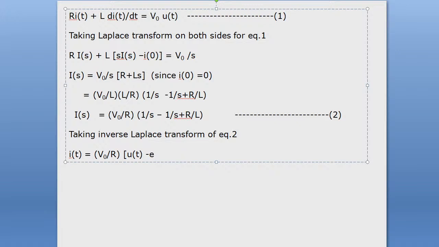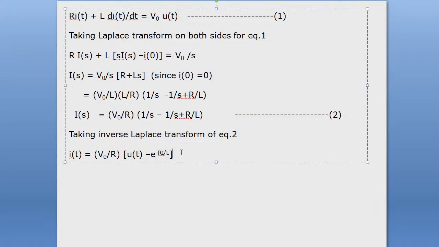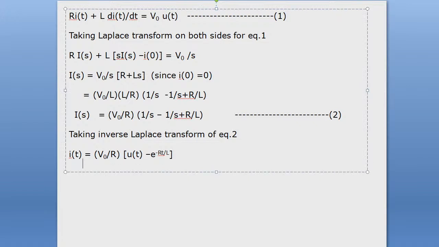Therefore you can write e to the power minus a t, and for this case a is R by L, into t. You just remember the inverse Laplace transform of an exponential term e to the power minus at. Any doubt? So finally you can write I of t equal to this term.